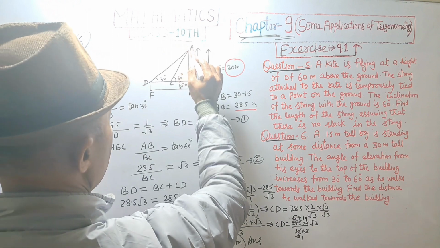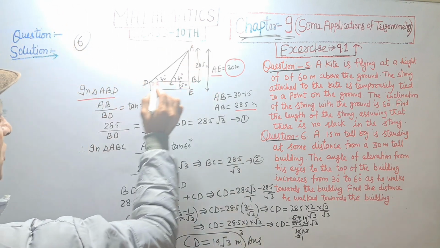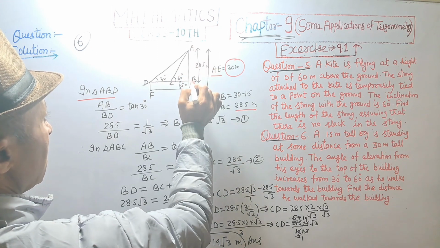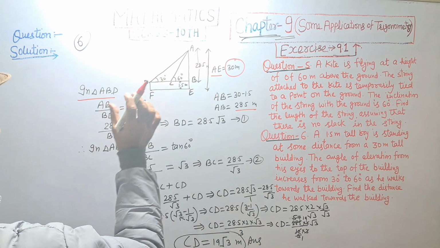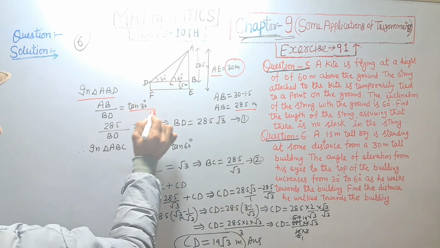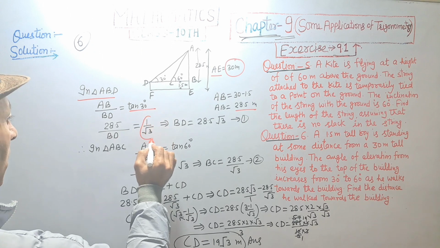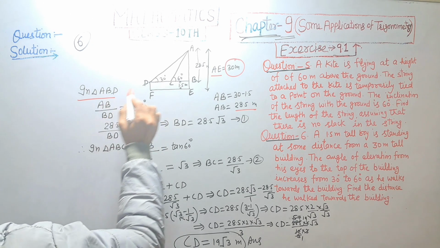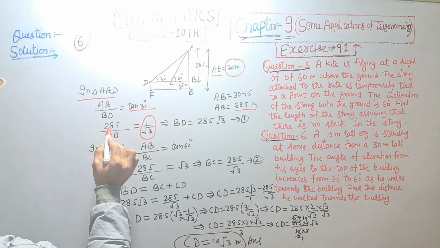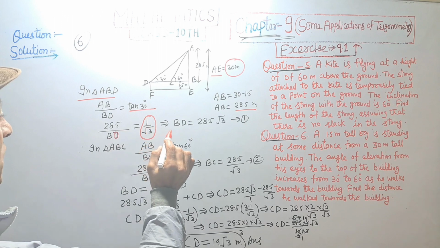In triangle ABC and in triangle ABD, first of all we are taking triangle ABD. AB upon BD is equal to tangent 30 degree, and tan 30 is equal to 1 upon root 3. The value of AB is 28.5, divided by BD equal to 1 by root 3.